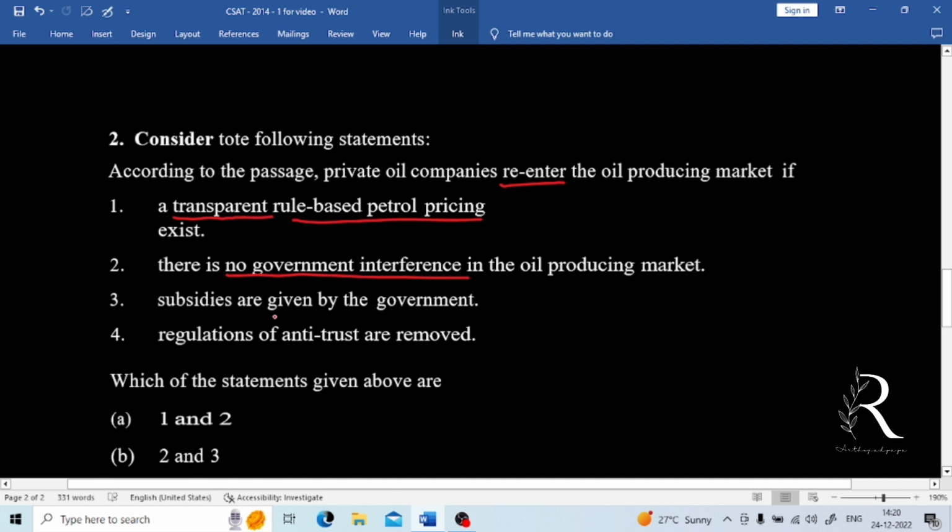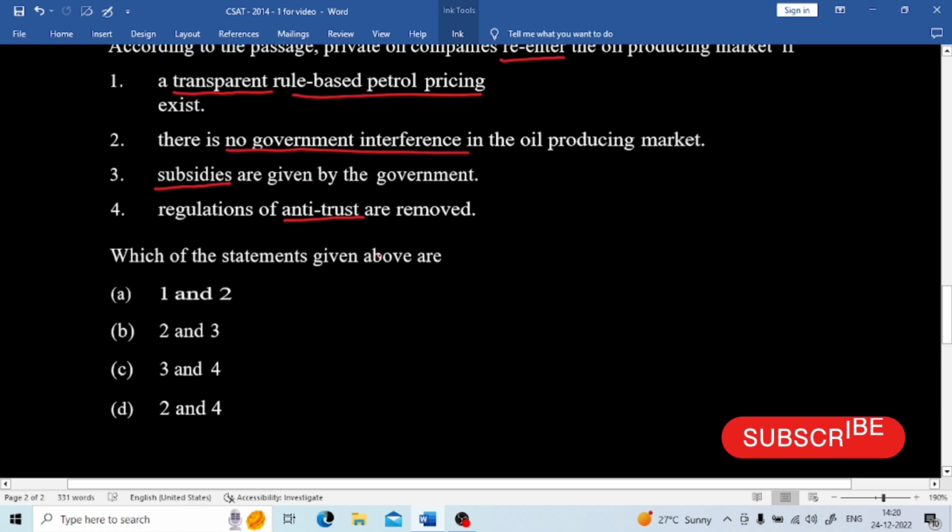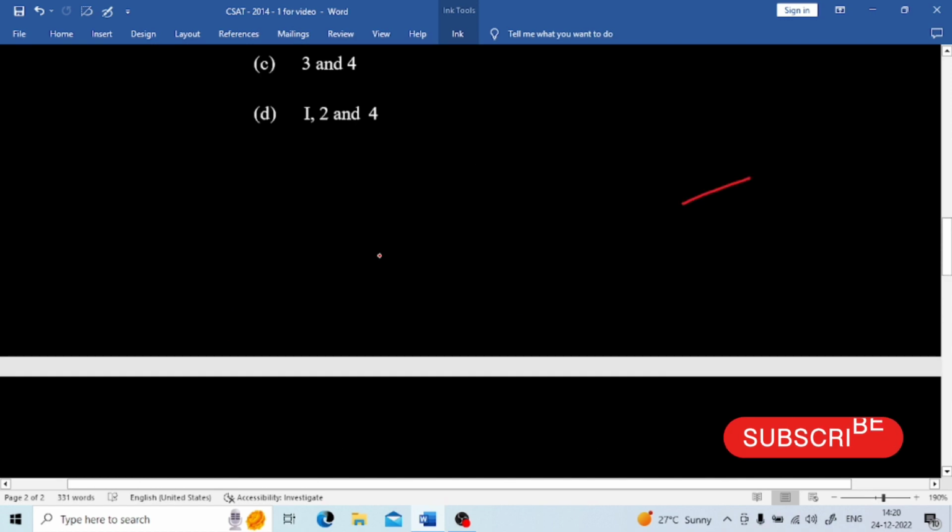In the oil producing market, subsidies are very important, again a keyword, given by the government. Regulations of antitrust are removed. So these are the keywords: antitrust, subsidies, no government, transparent, and rule-based petrol pricing. So this is the second question, and only two questions are there for the passage.